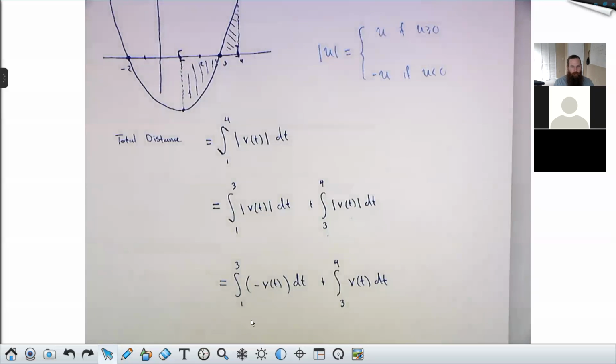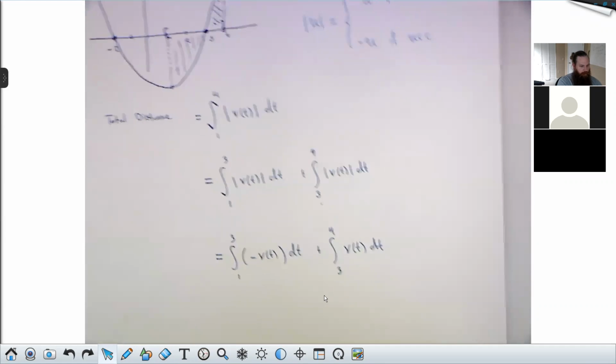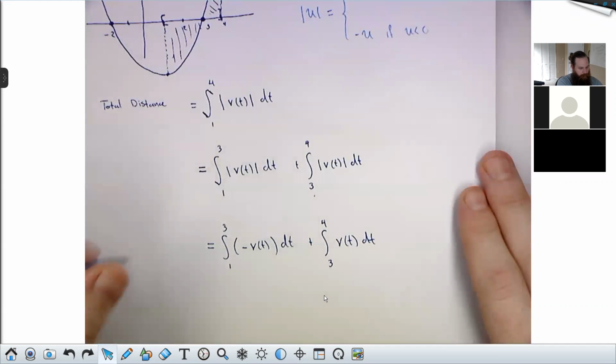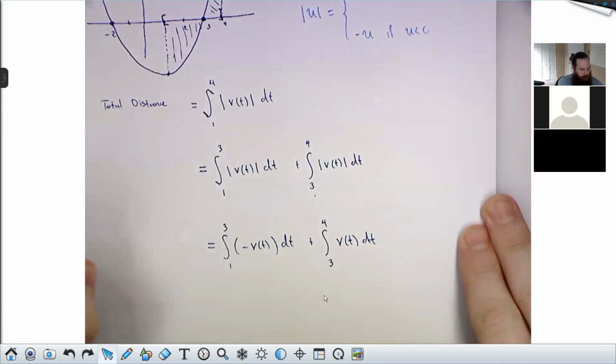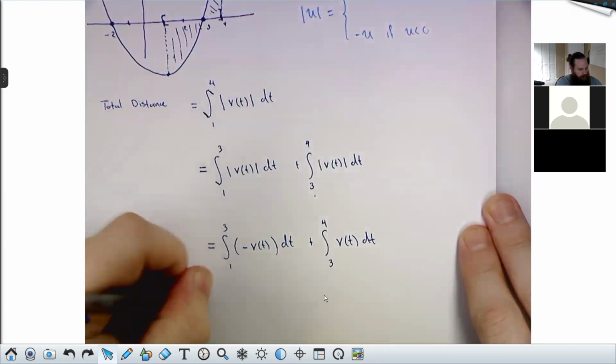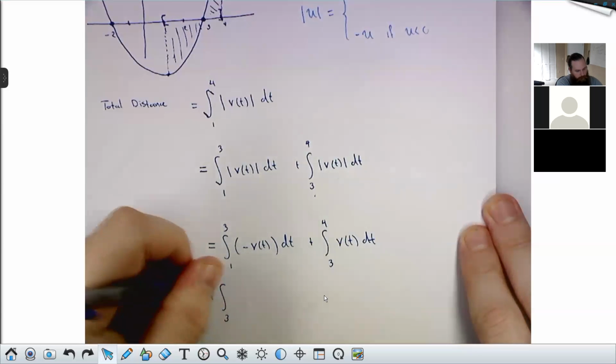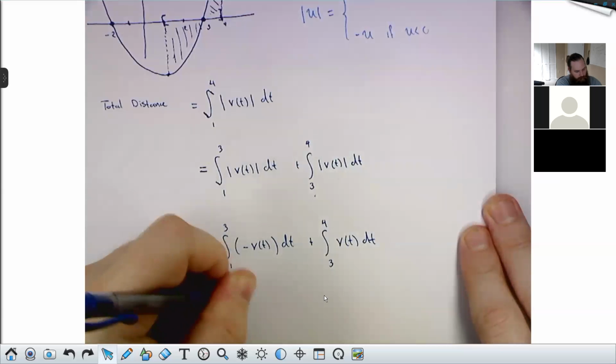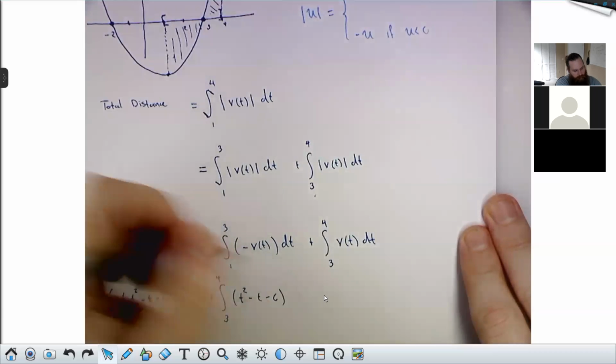Now from here, I just have to compute these two integrals, neither of which are hard, but it is a bit of arithmetic to do. So I'll continue it over here, try and give myself as much space as I can. This is the integral from 1 to 3 of negative v of t, which is negative t squared minus t minus 6, plus the integral from 3 to 4 of regular v of t, which is t squared minus t minus 6.